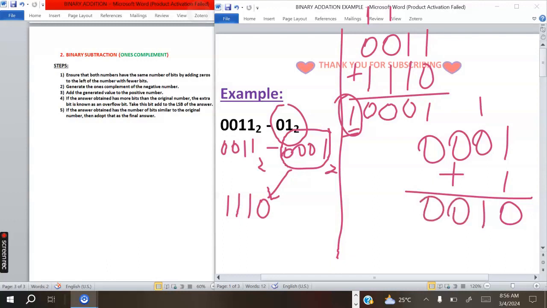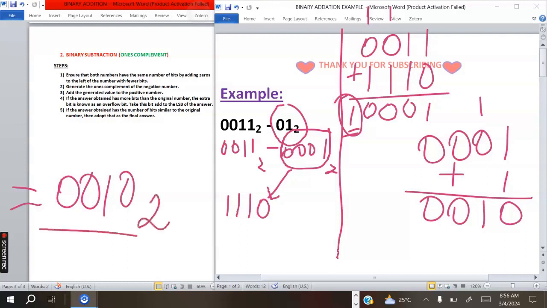Therefore, the final answer for our case is 0, 0, 1, 0. And that is how we subtract our binaries using the 1 complement. I hope it's that simple and very clear.